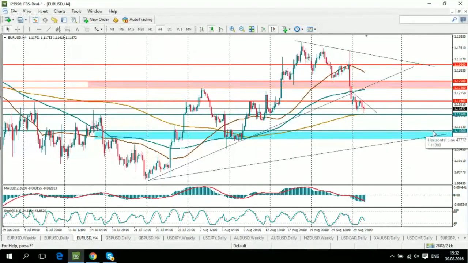As for the fundamental picture for the euro, it lacks fundamental strength of its own. There will be data from Germany this week. Germany will release inflation figures today. So far, data from different regions of Germany showed that consumer prices have either contracted or haven't changed.